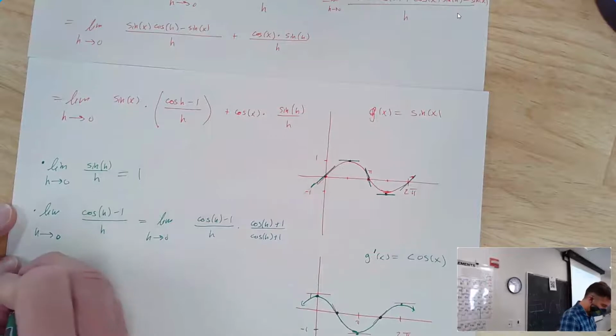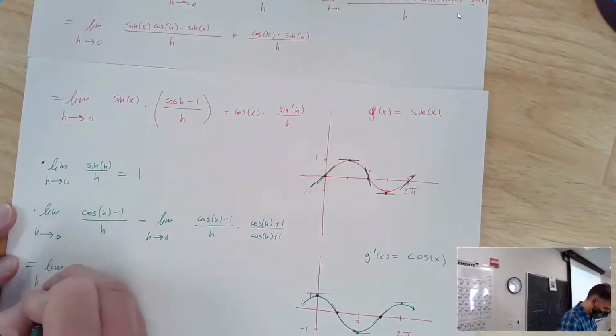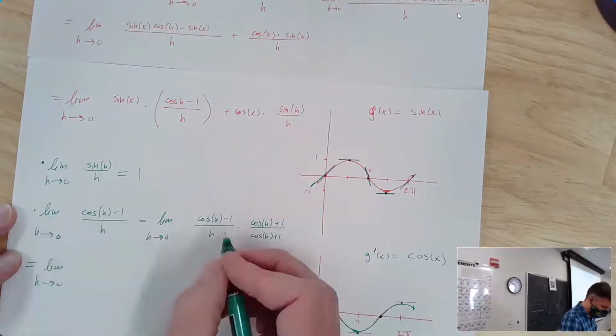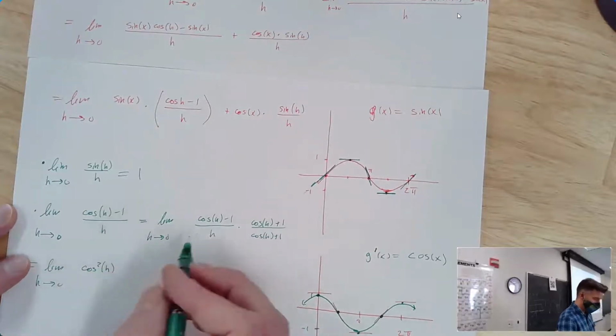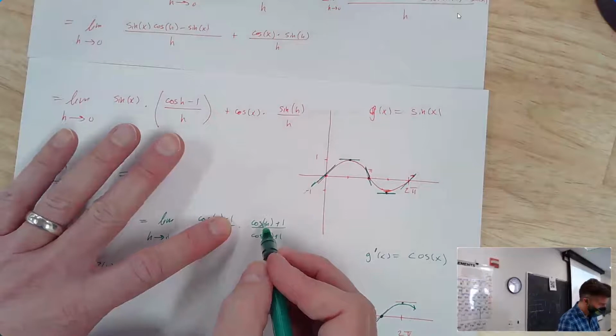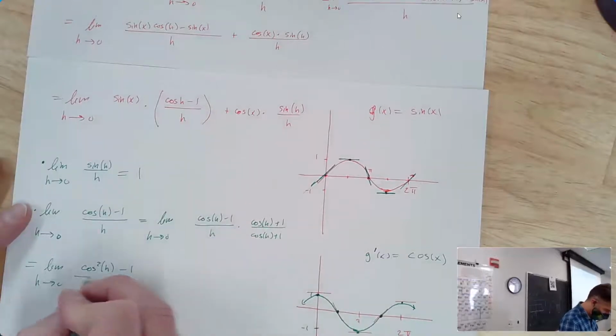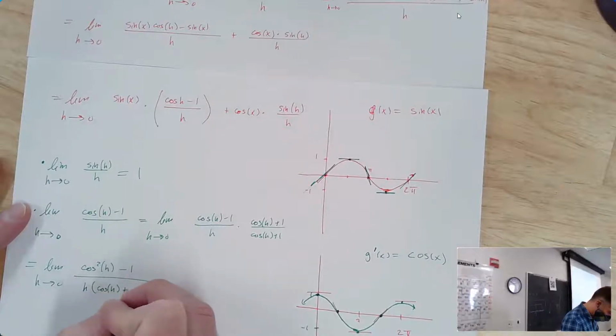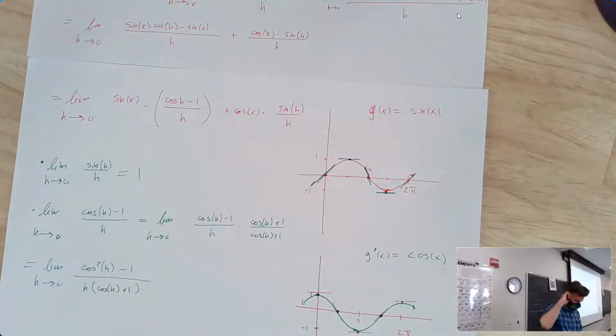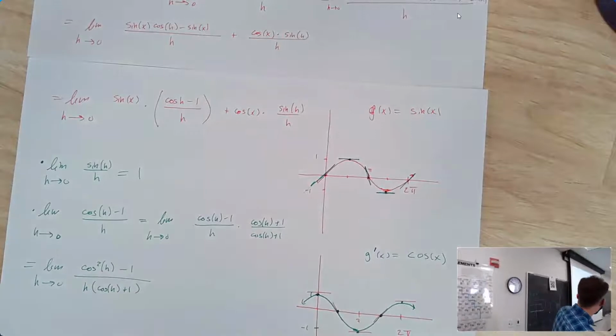We multiply conjugates together, the middle terms cancel. So we end up getting cosine squared of h minus 1. I really wish that was the other way around, because we know that 1 minus cosine squared is equal to what other trig function?